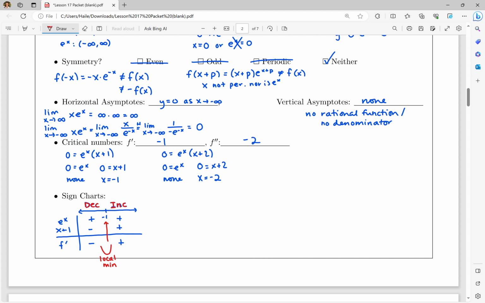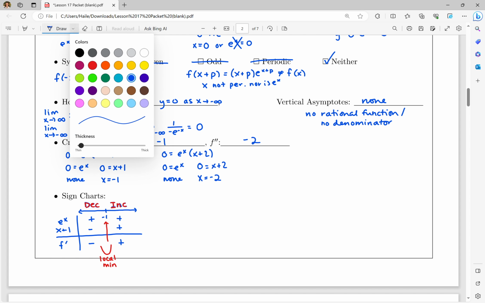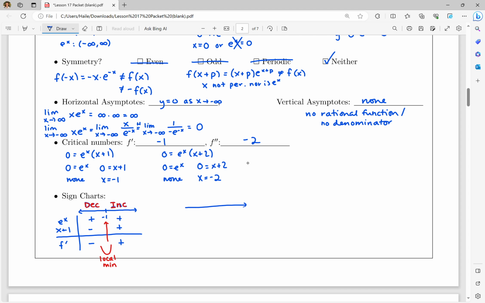Now let's do our sign chart for f double prime. So we have one critical number at -2. We write our factors. We have e to the x, we have x plus 2, and when these multiply, it's going to give us f double prime. So again, e to the x is always positive.